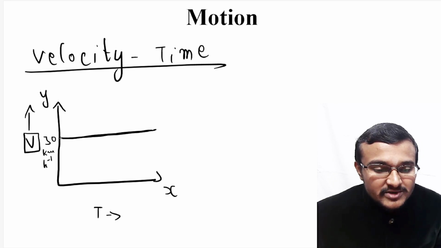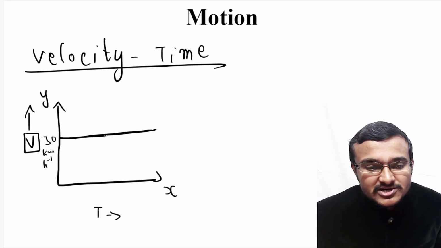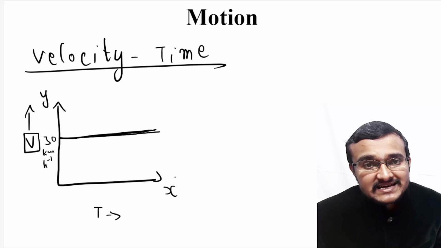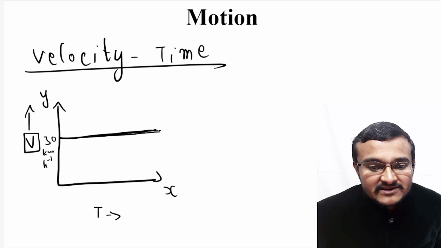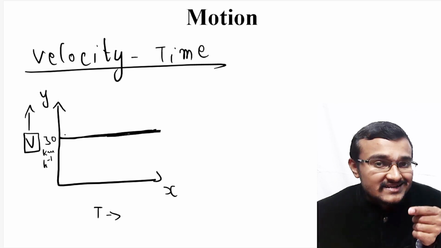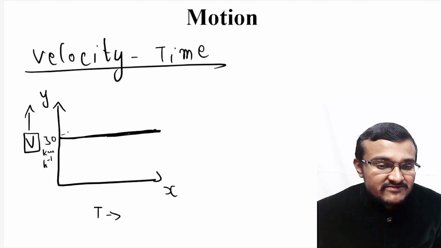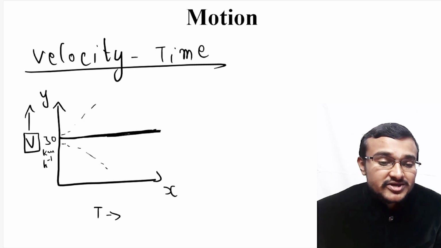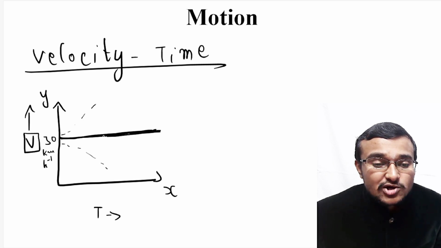At that 30 km per hour, you can draw a line parallel to the x-axis. So this is the x-axis and this is a parallel line to the x-axis. That means here velocity is not increasing like this and velocity is not decreasing like this. So it is actually maintaining a constant velocity. This particular object or vehicle is maintaining constant velocity.